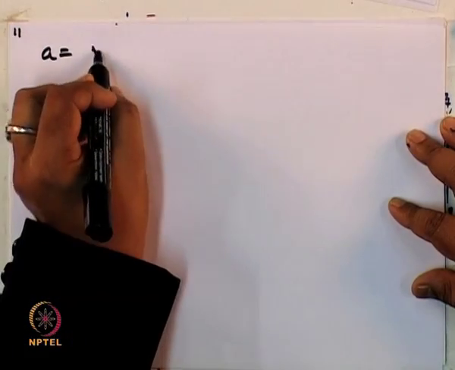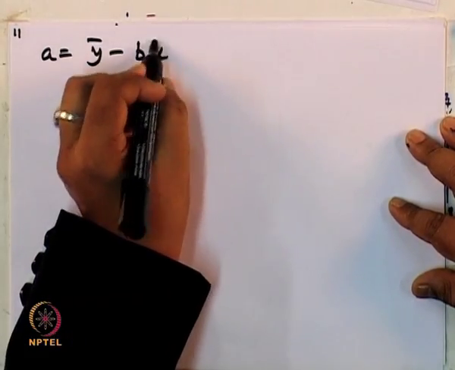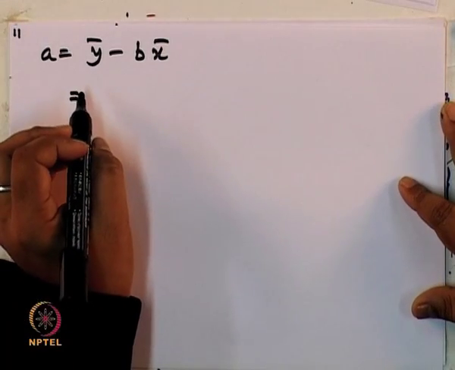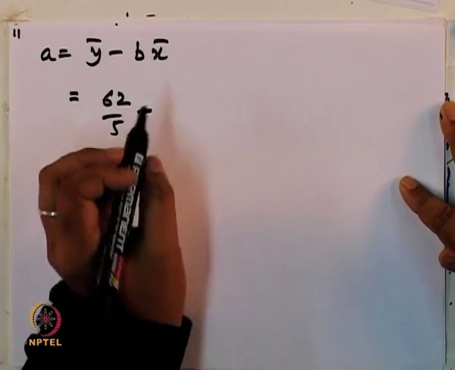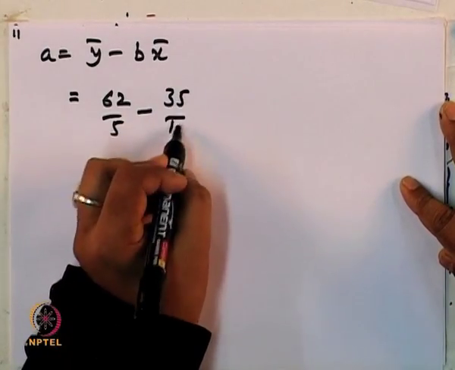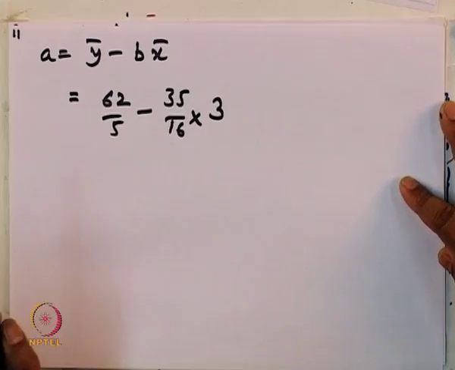And A comes out to be y bar minus B times x bar, which is 62 by 5 minus B, which is 35 by 16, into x bar, which is 3.